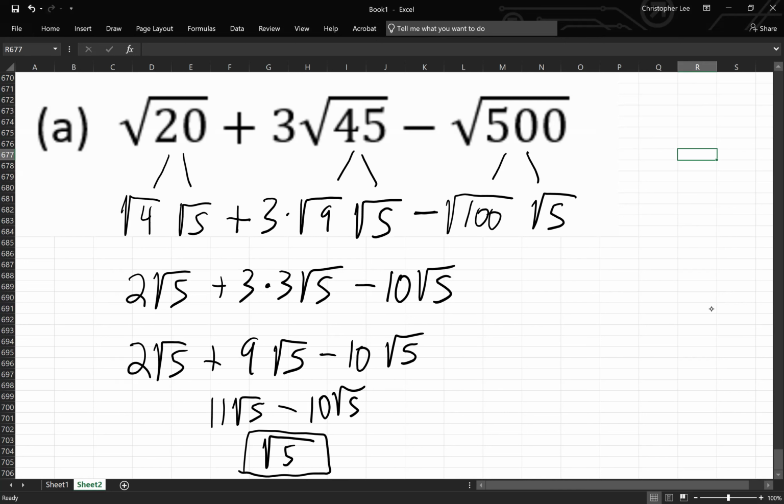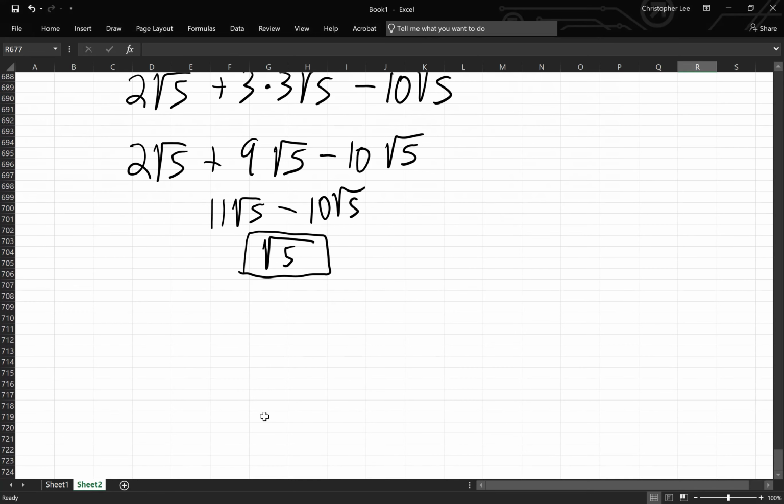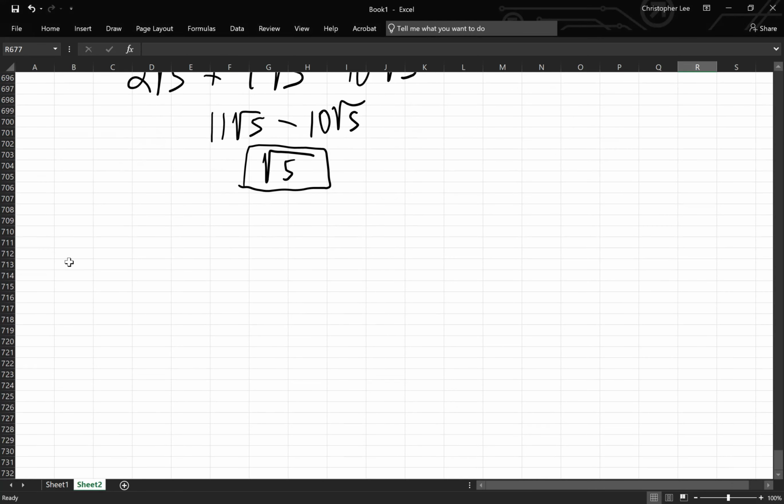Questions on this? Anybody? This made sense? All right, let's keep moving. So our instructions are again to simplify the expression that's still on the table.